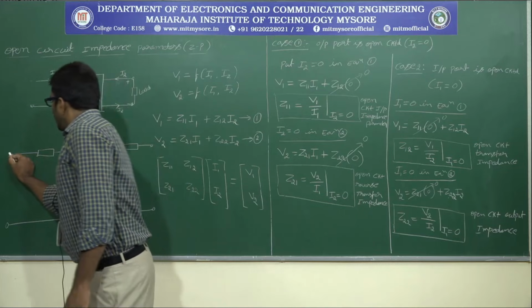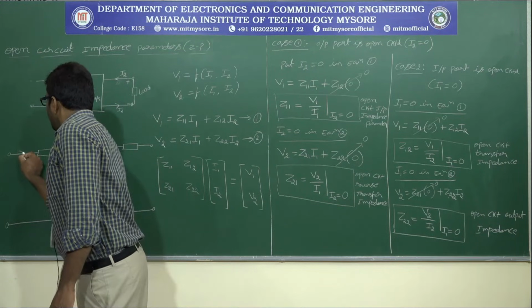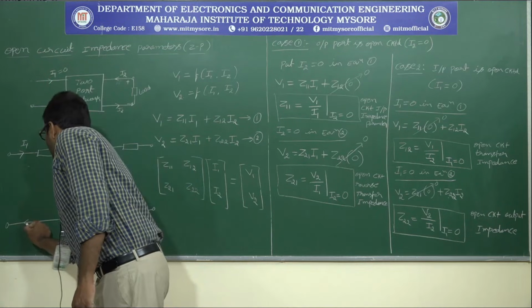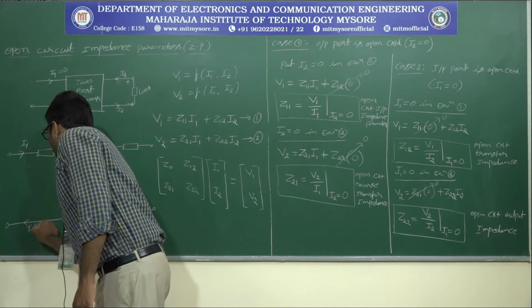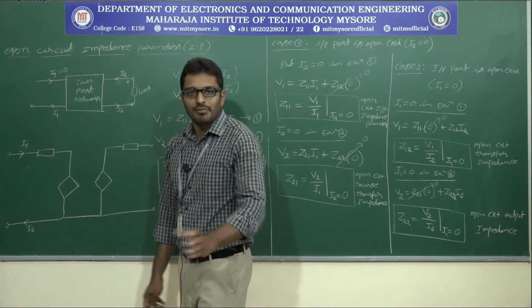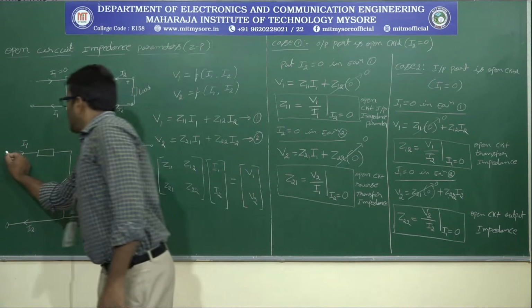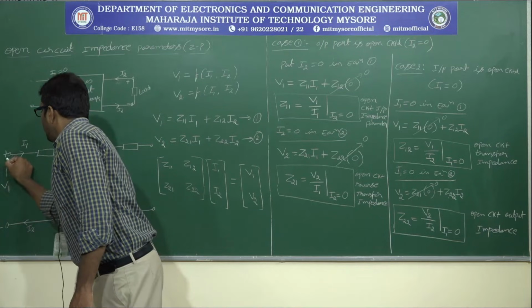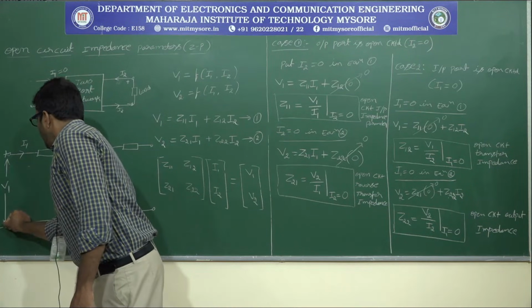This is the input port. What is the current flowing at the input port? I1, and the same at the other port. What is the current leaving from the network? I2. The voltage at the input port is denoted by V1.